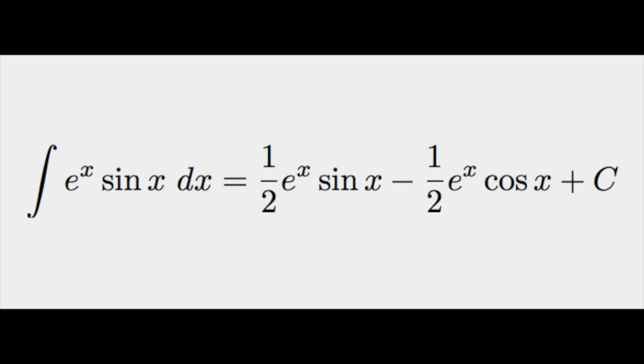And we get the antiderivative of e to the x sine x dx is equal to, dividing term by term, 1/2 e to the x sine x minus 1/2 e to the x cosine x, and then c divided by 2 is simply c. So this is just going to be plus c, and there is our final answer here.